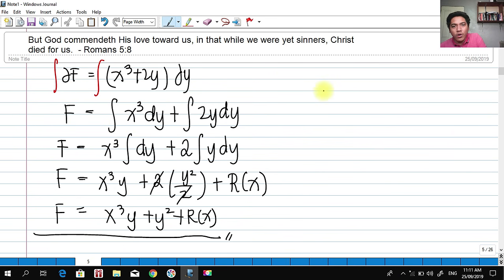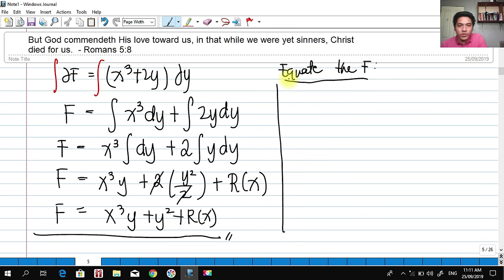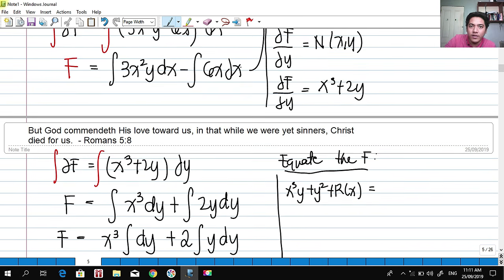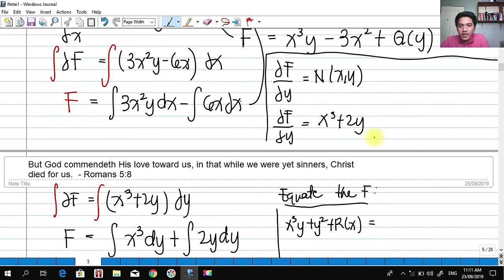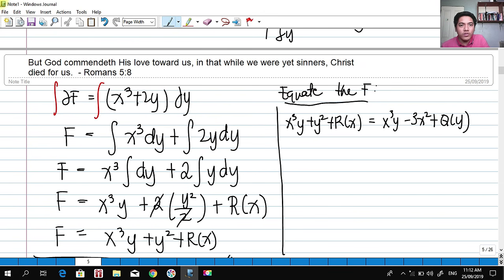So if I equate the two f's, we have x cubed y plus y squared plus r of x equal to the other f, which is x cubed y minus 3x squared plus q of y. We're going to find the values of r of x and q of y.